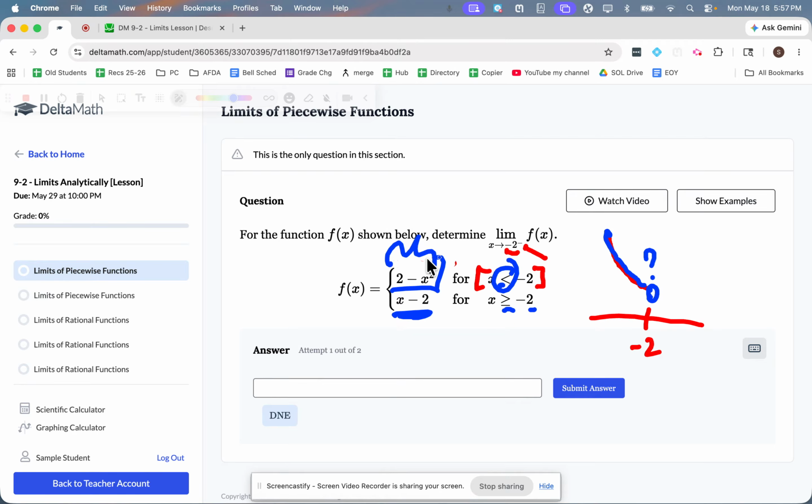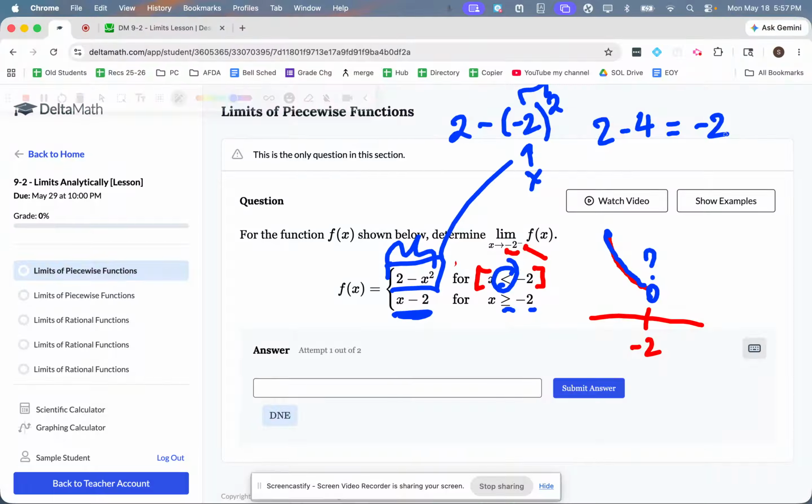So let's figure out what this is when x is -2. I'll just plug it in. -2 squared, that's my x. This is x, so 2 minus, and I'm going to square that. That's a positive 4.